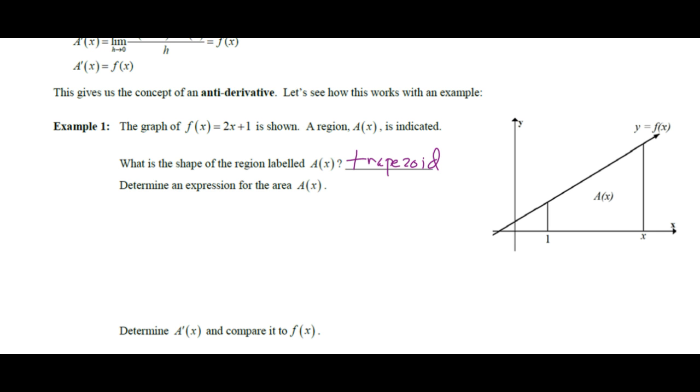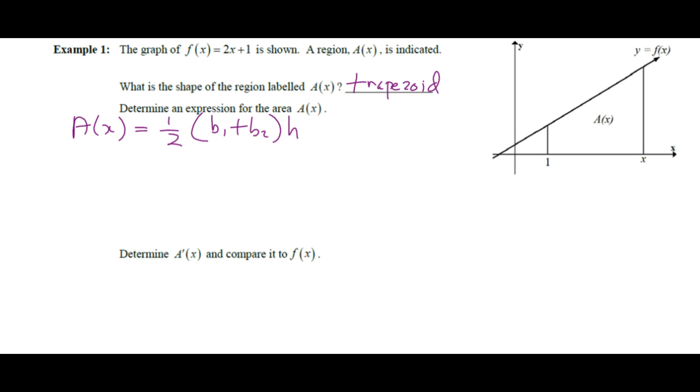Determine an expression for A of x. So we know the area of a trapezoid. A of x is 1/2 times (b1 plus b2) times h. And so we have 1/2. Okay, so base 1, let's call that base 1. What's this value here? It's going to be f of 1, that distance.